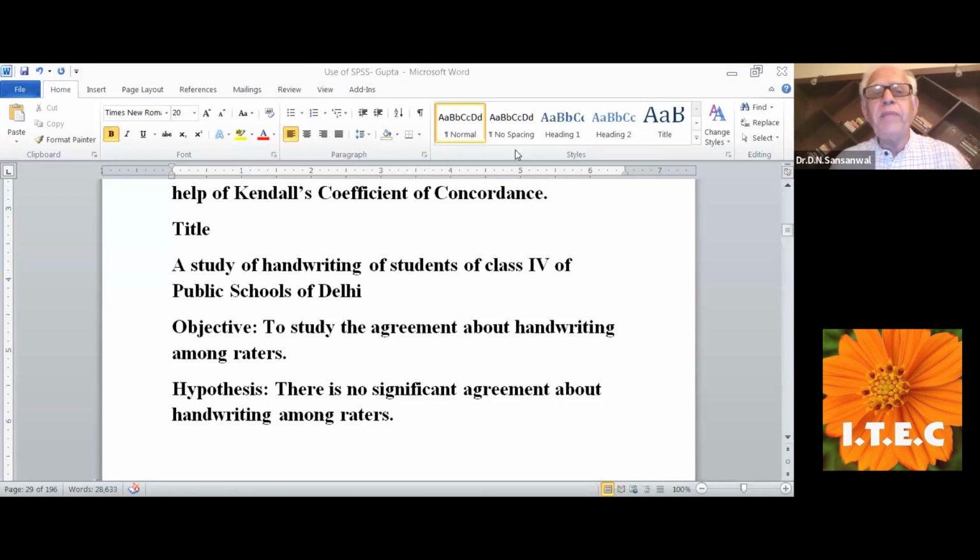And now you tell me on how many points you want them to rate. On 10 points or on more points or fewer points. So the rating scale is on 5 points, 8 points, 9 points, 10 points, what?